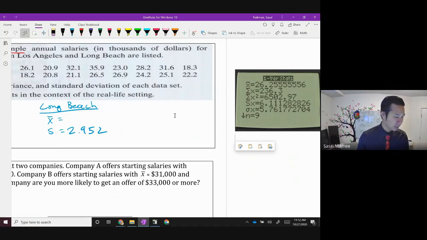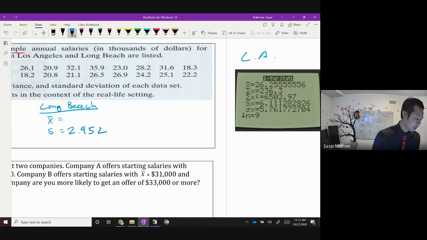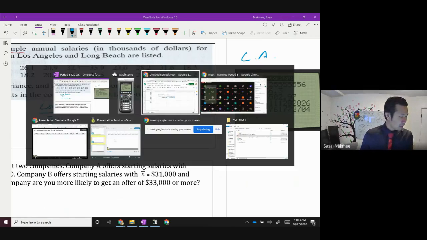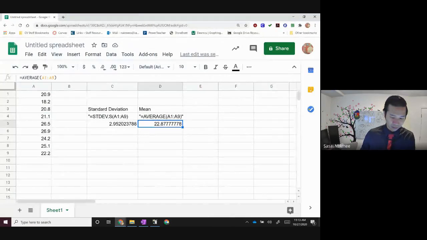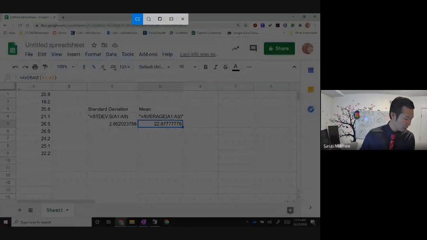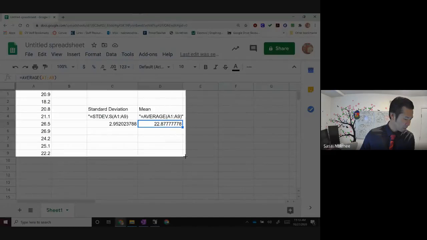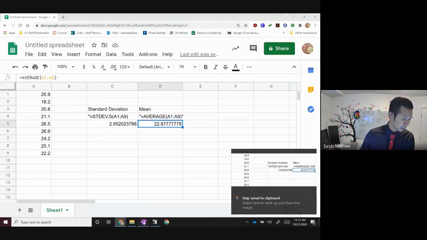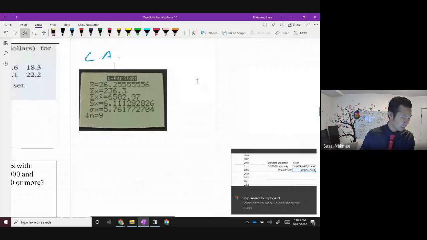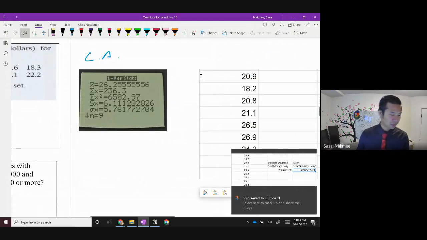Oh, by the way, the average here is not 26.25. That's the wrong problem. That's for Los Angeles. For this one, I would screenshot this as my work. Bam. Go into my notes. Type it in here. This is for Long Beach.